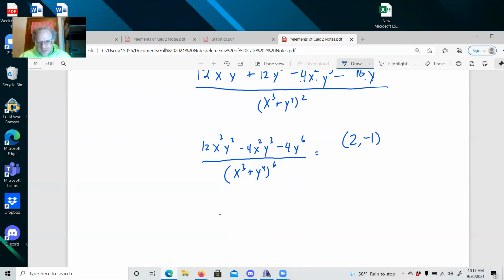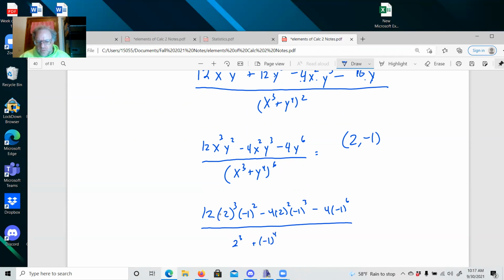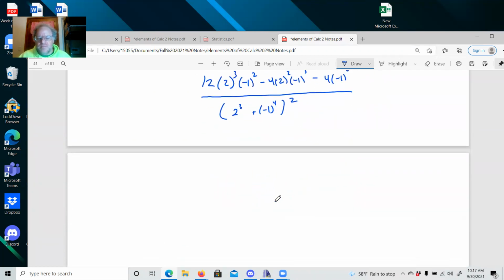So this is going to be 12, 2 cubed, -1 squared, minus 4, 2 squared, -1 cubed, minus 4, -1 to the 6th, all divided by 2 cubed plus -1 to the 4th, squared. All right, so not so bad, but still not great.